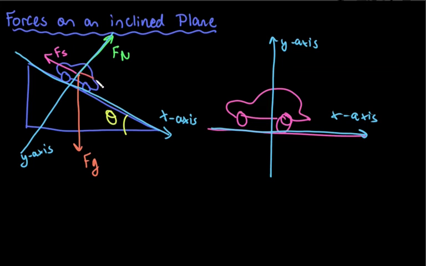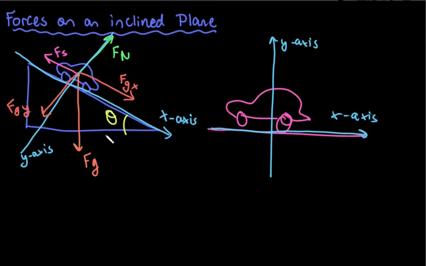There is the horizontal component, which is what's pulling the car down. This is the force that actually pulls the car down. We call this FGX. And then you have the component that goes into the incline at the same angle as the normal force. And this is the FGY.